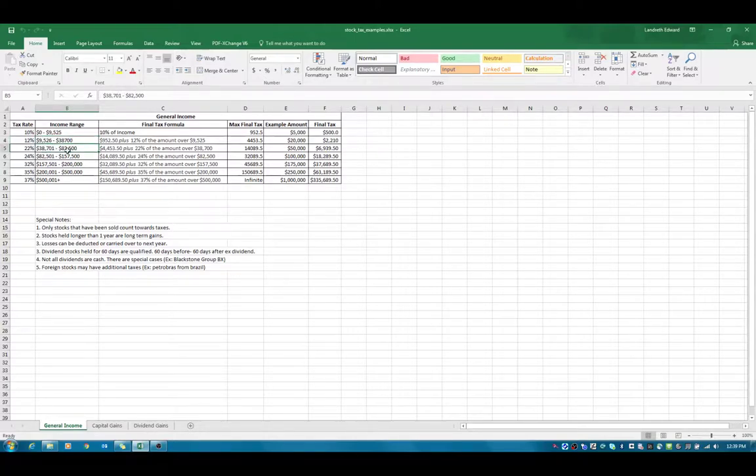Then up till 82,000, you'll be taxed at 22%. And then the last couple thousand from 82,000 to 85,000, because that's your final income, will be taxed at 24%. So you'll only have about $2,500 taxed at 24%.